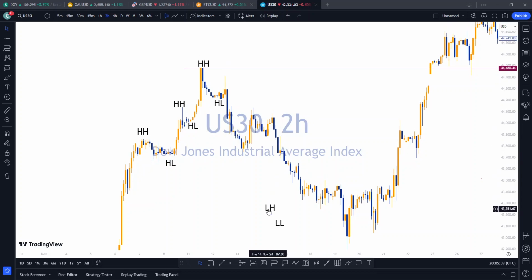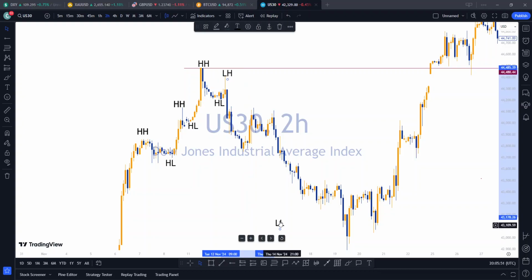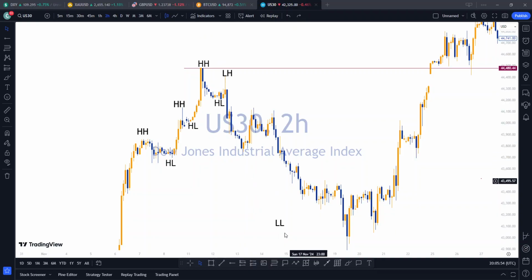We can see we have a lower high here. Then we have a lower low here.